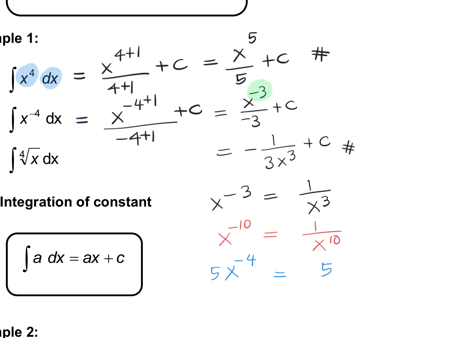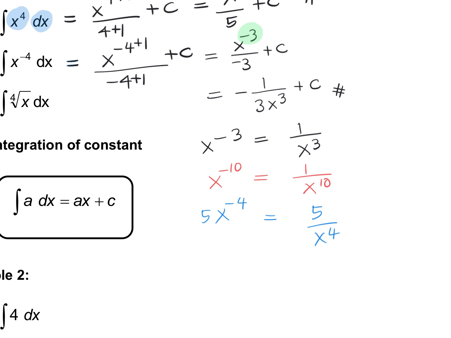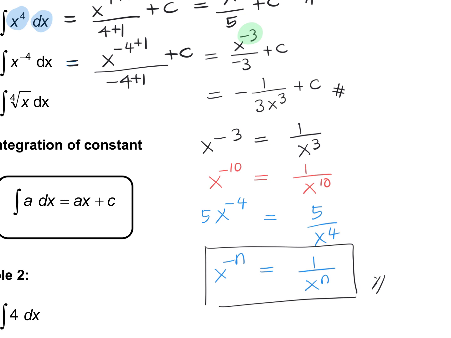Okay, 5 tak akan turun dekat bawah, tapi x sini dah turun ke bawah, carry the positive index. So generally, kalau soalan apa pun you ada, x kuasa negatif n, ni akan dapat 1 per x kuasa n. Okay, this is the basic idea that you need to know. Tukar dia punya index daripada positif kepada negatif. Okay.